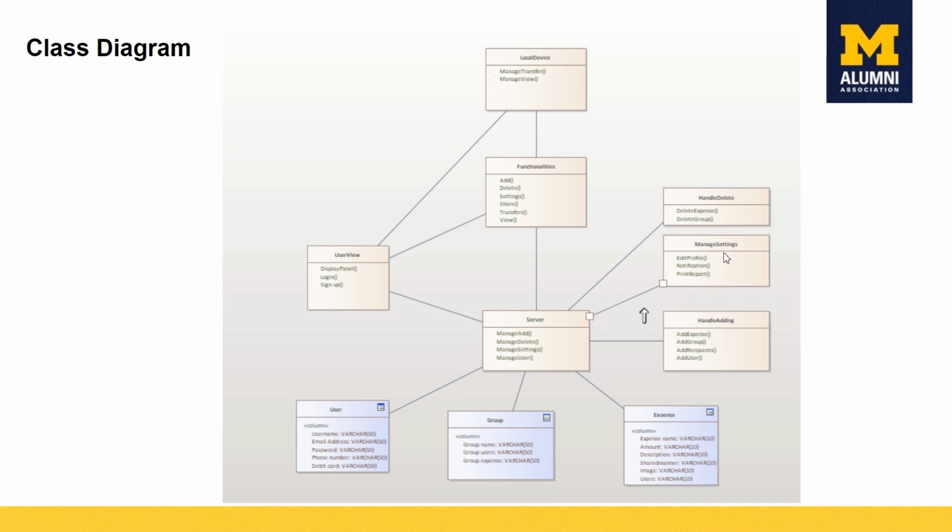For manage settings, it's if we are trying to edit the profile, or change the notification, turning it on and off, and the print report is the same, to print a report from the database. It's the same thing with the delete if you wanna delete an expense or delete a group.